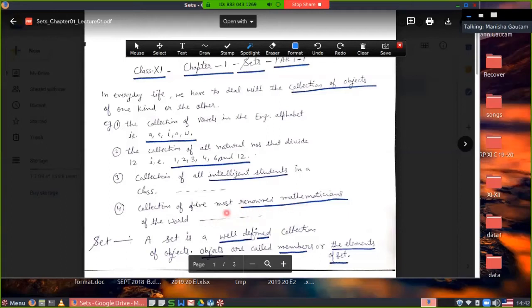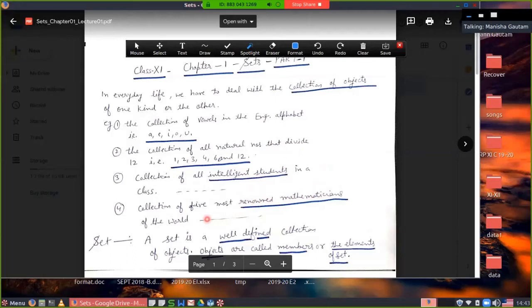There is no particular rule to find out who is a renowned mathematician. If it were given, it would become the criterion. But it is not given in the statement. So in the case of the third and fourth, you can't write out the members, because there is no criterion to find the intelligent student or the renowned mathematician.